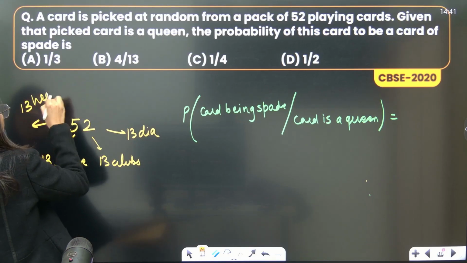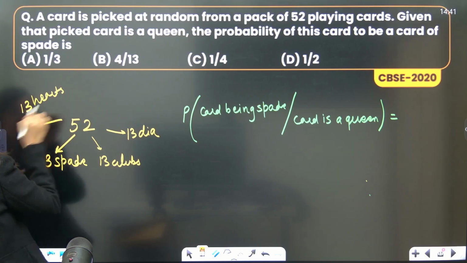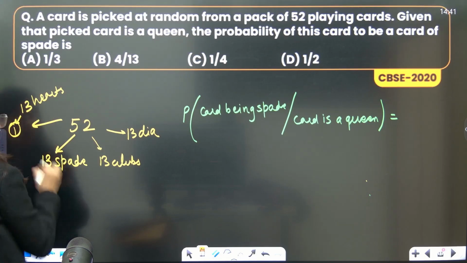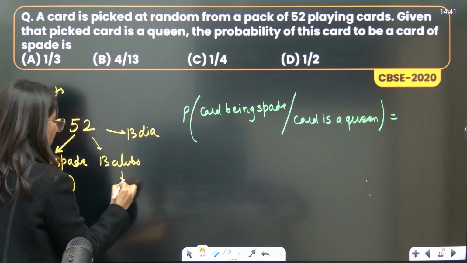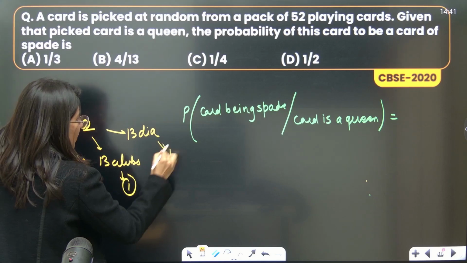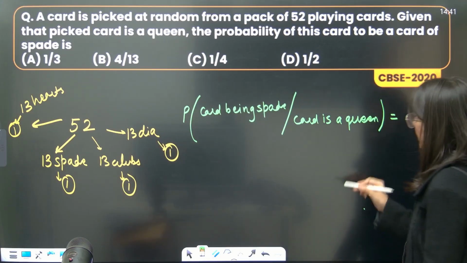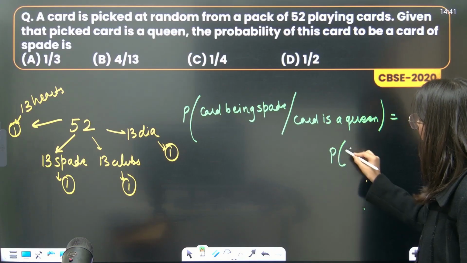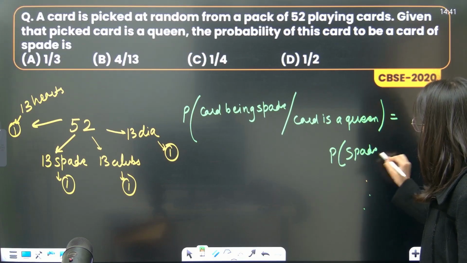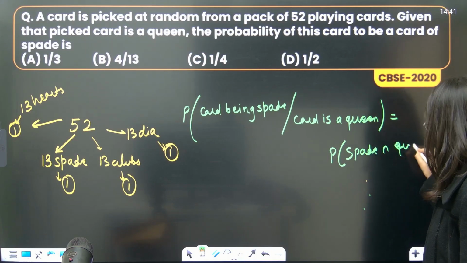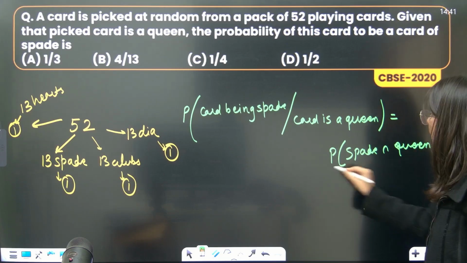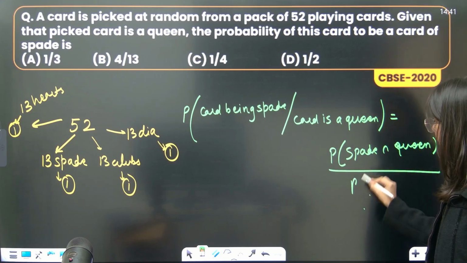Okay, now there will be one queen over here, one queen over here, one queen over here, one queen over here. So now understand. This is the probability of the card being a spade, intersection, it is a queen. Formula: intersection upon probability of the card being a queen.